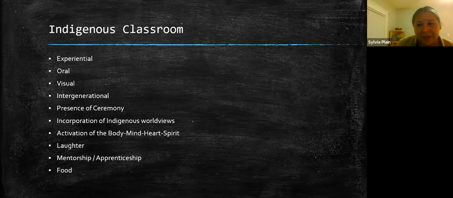This comes from my teachers. Activation: when we're in a classroom, we're in four walls and there's someone at the front, but usually we'd be outdoors on the land, with the elements present. At the same time, there should be an activation of the body, the mind, the heart, and the spirit.